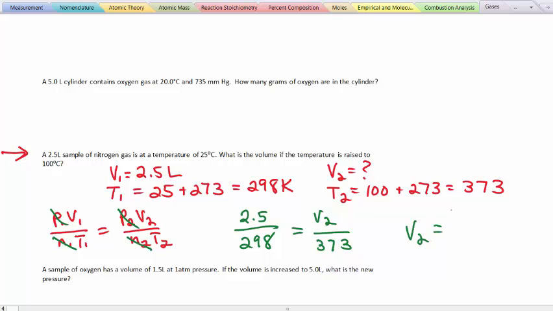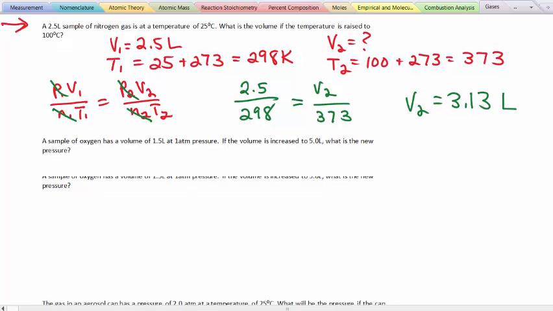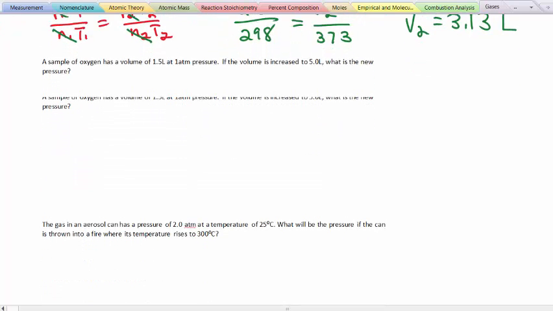So solving that, V2 is going to be equal to 2.5 times 373 divided by 298. So I get 3.13 liters. Thinking of that, we know volume and temperature are directly proportional, so the answer would make sense. If I increase the temperature, I would expect my volume to increase as well.